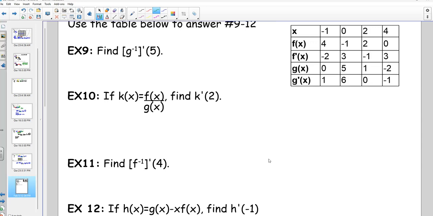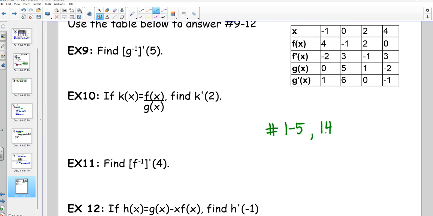Definitely numbers 1 through 5, and then 14 is kind of like a challenge problem.